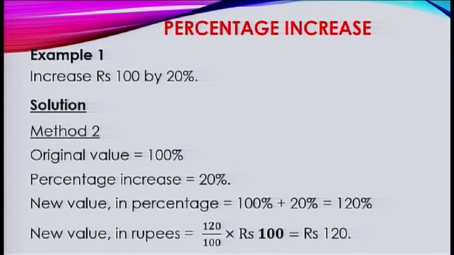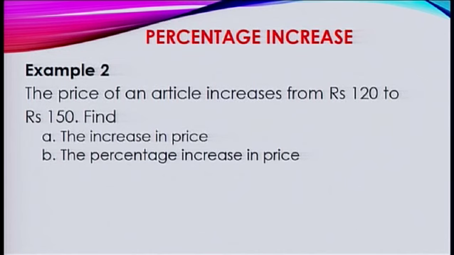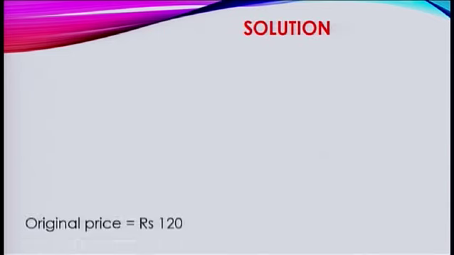We take another example, example 2. The price of an article increases from 120 rupees to 150 rupees. Find part A, the increase in price, and part B, the percentage increase in price. Let's see how to do it.